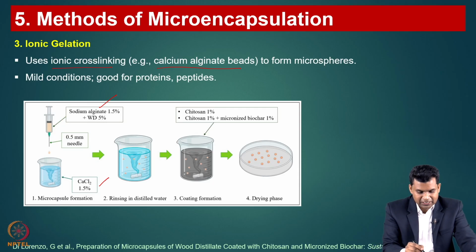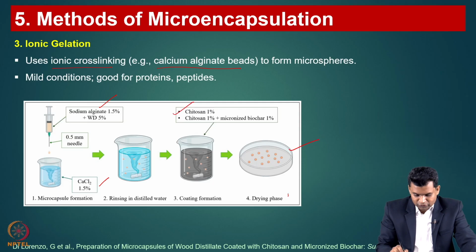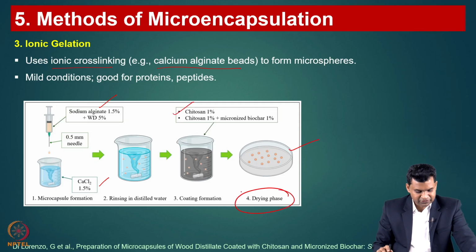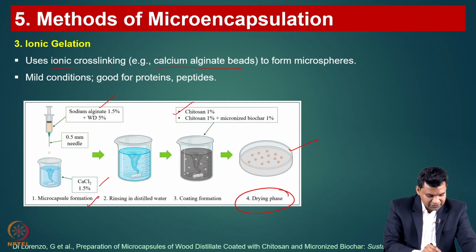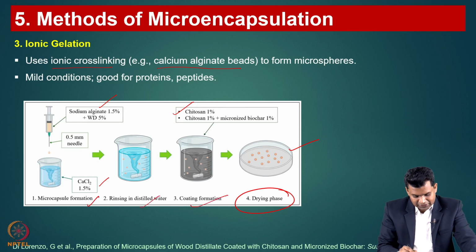After that we can add another opponent charge, that is chitosan, then you will get beautiful microspheres after the drying. Here you can see the microcapsule formation, rinsing with the water and then coating with the chitosan, and then we can remove the microcapsules.